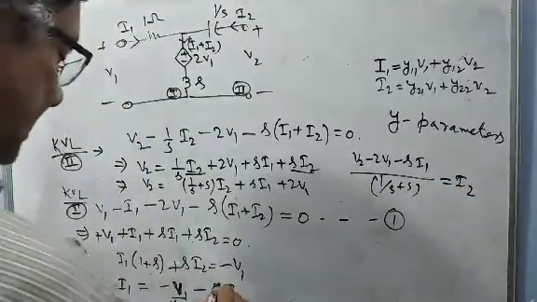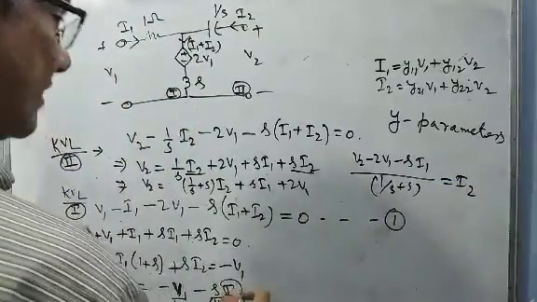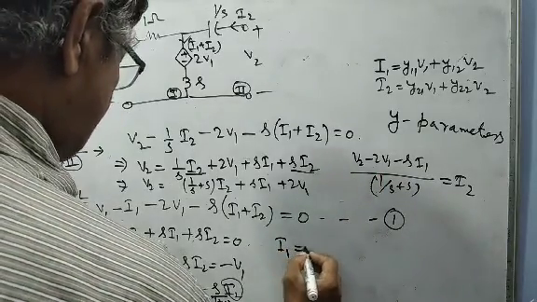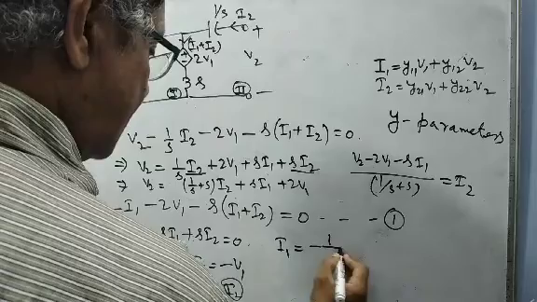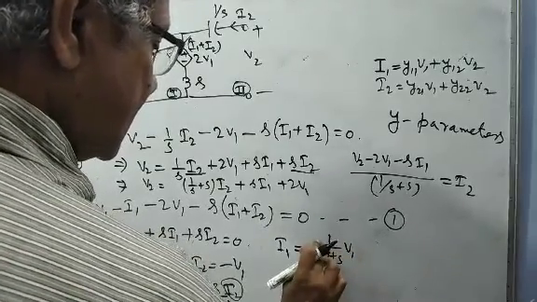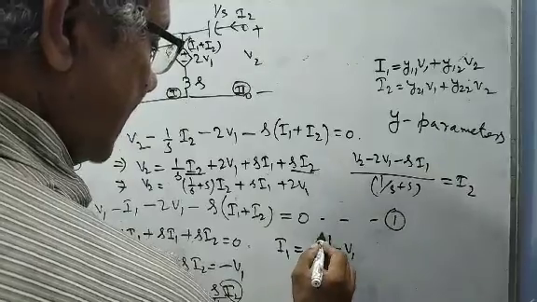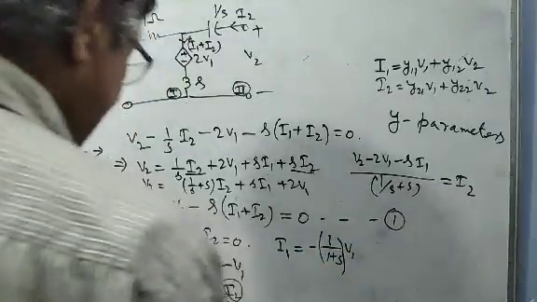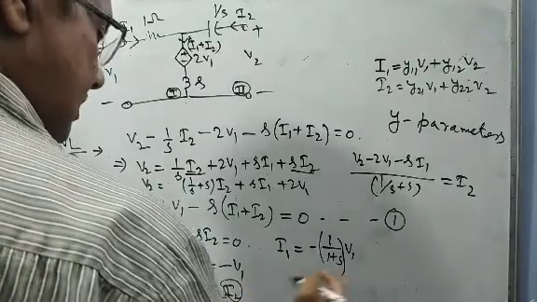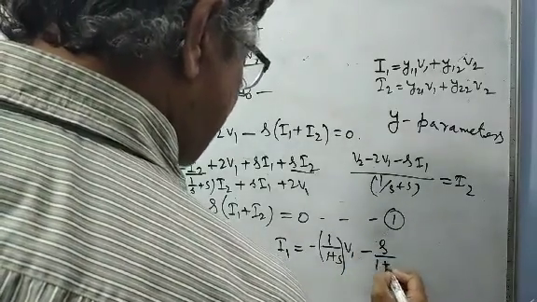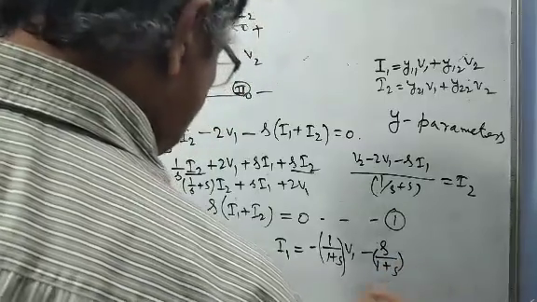So now you just write here in place of I2 this. So what you will be getting? I1 equals to minus 1 by 1 plus S into V1, minus S by 1 plus S into I2.